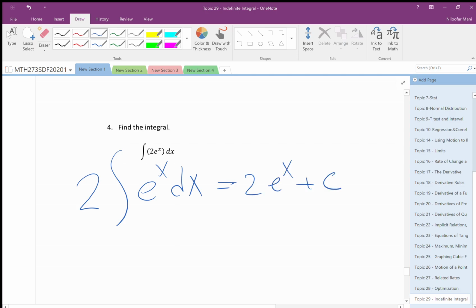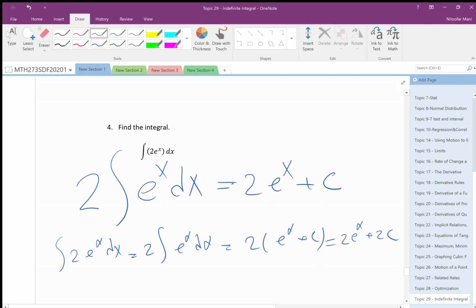For c, you can just add c at the end. So you don't need to do 2c, for example. You don't need to say it is the integral of 2e power x dx, which is 2 times the integral of e power x dx, which is 2 times e power x plus c, which is 2e power x plus 2c.